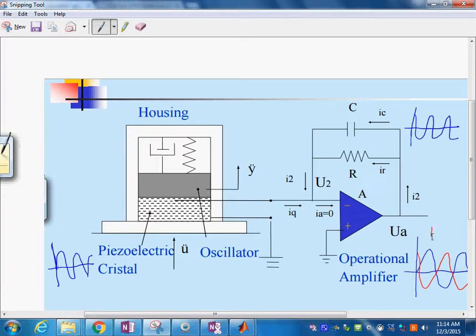And this difference in here is going to be phi, and we're going to call it the phase angle. So what is the phase angle? It is the difference with which the output tracks the input.